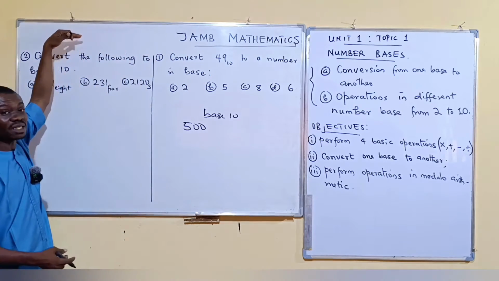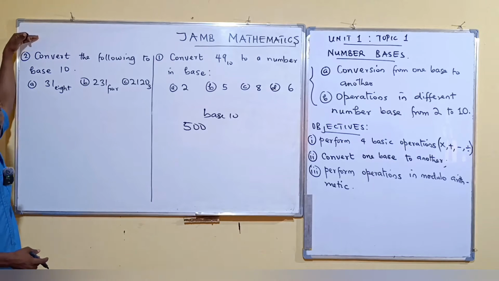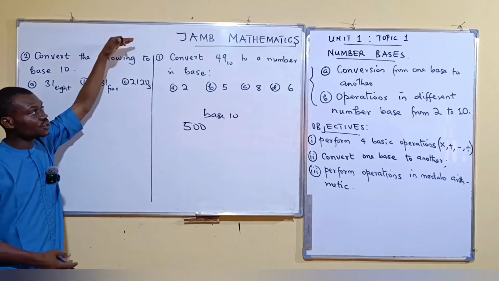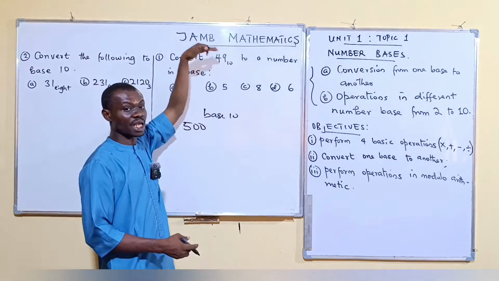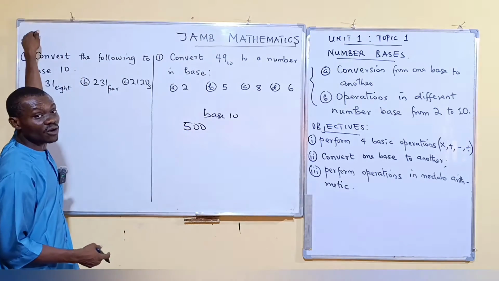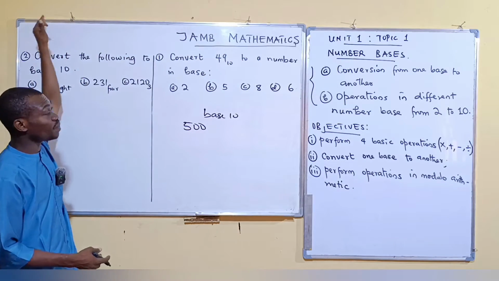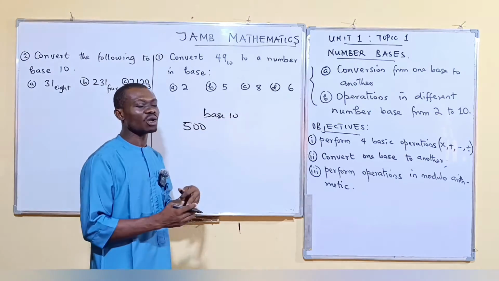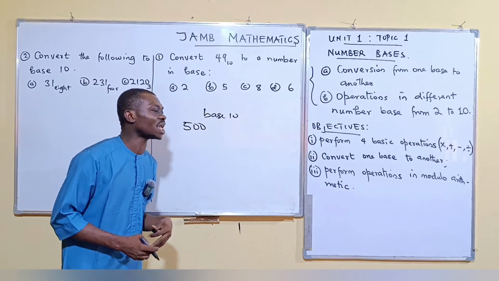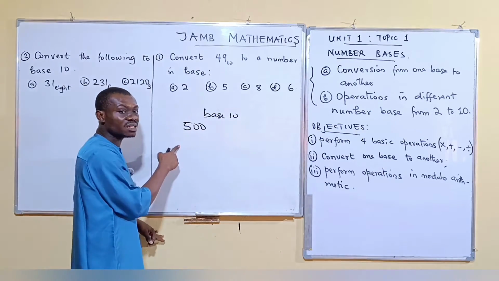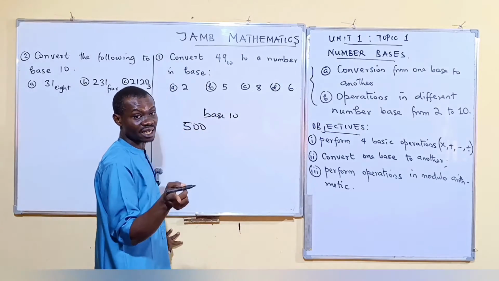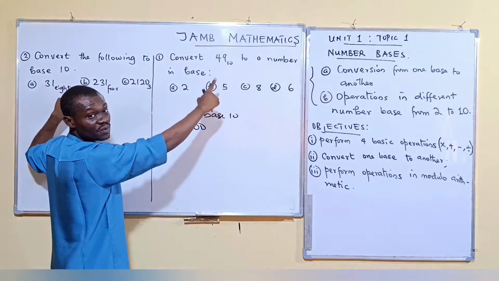Now, the second part is to convert from any other base back to base 10. So you already have from base 10 to any base, and now you're moving from any other base back to base 10. And then the third form of conversion is where we move from a base to another other than 10. These 2 involve base 10.